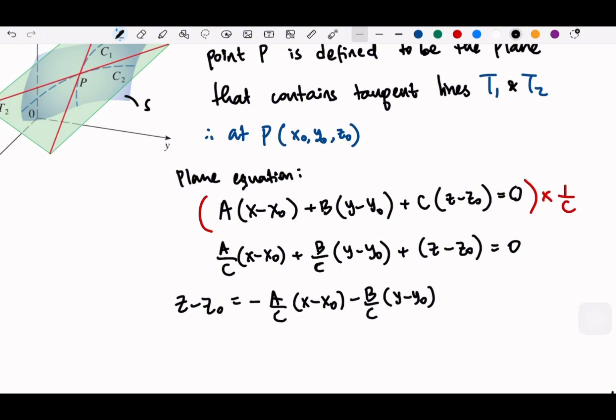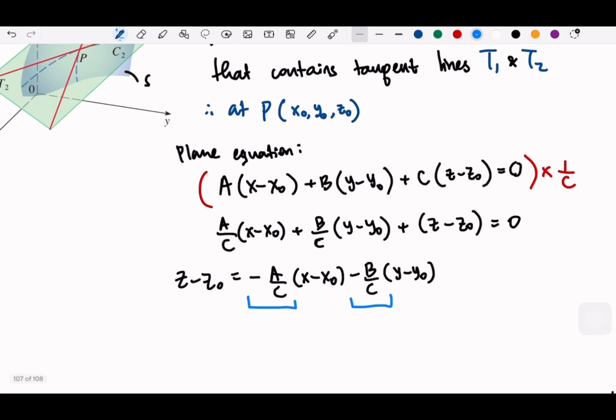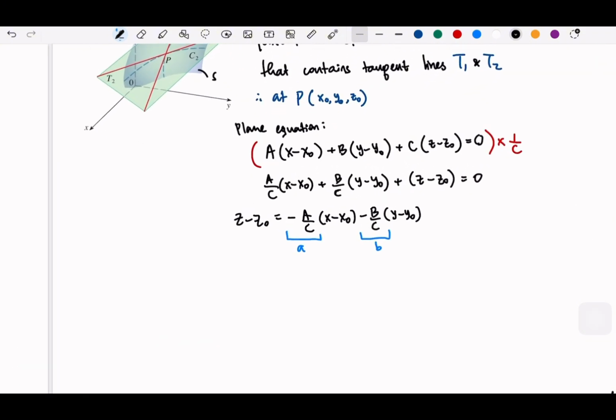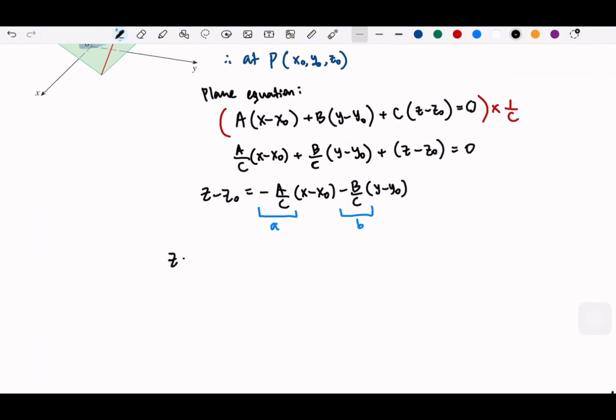To make it easy, I will rename a over c and b over c as A and B. So this will be z minus z0 equals A(x minus x0) plus B(y minus y0).